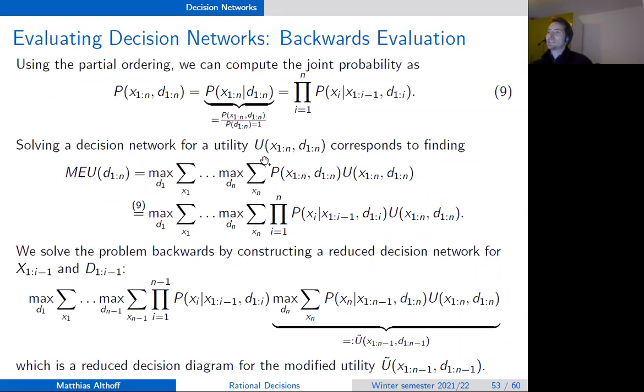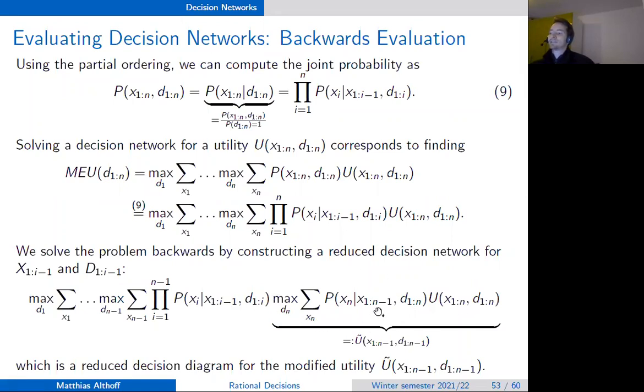And what we want to do now is maximize these expected utilities. And what we can do is make decisions, right? We first maximize the utility for the last decision. And the reason, as I will repeat, is that if we start with the last decision, we can rewrite this as a different utility value.